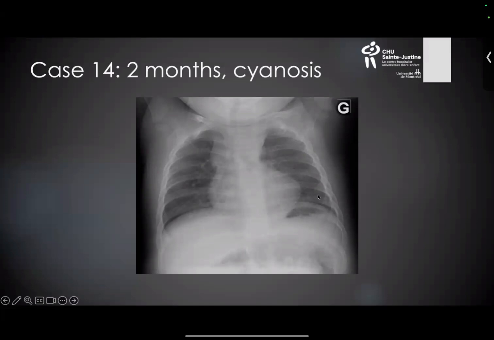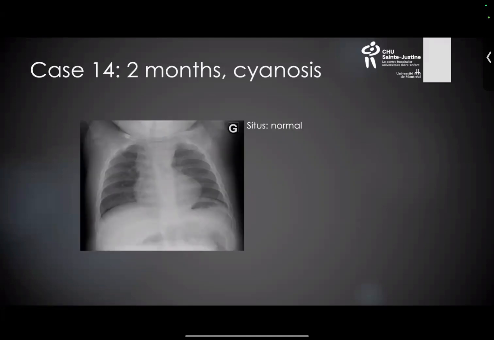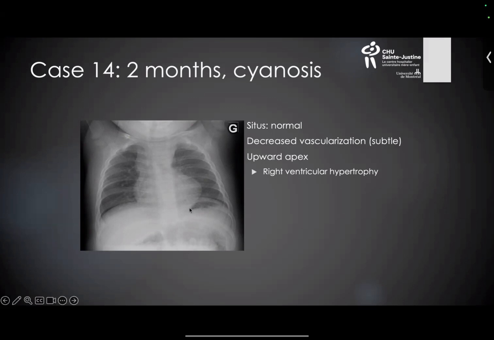And the pulmonary vascularization is not huge, so you don't have big arteries. It's probably normal, slightly decreased lung vascularization. So the situs is normal, with decreased or normal lung vascularization. And you have that little upward apex here, which means that you have right ventricular hypertrophy.